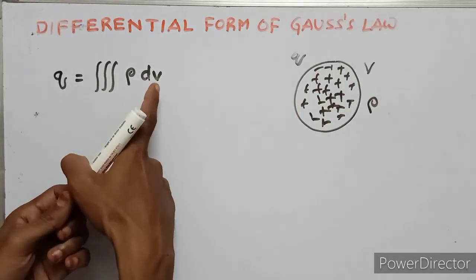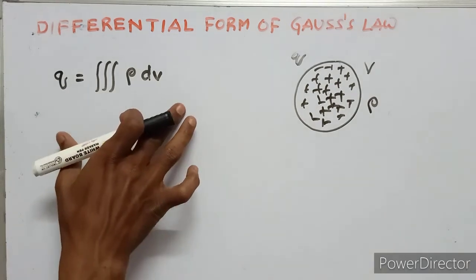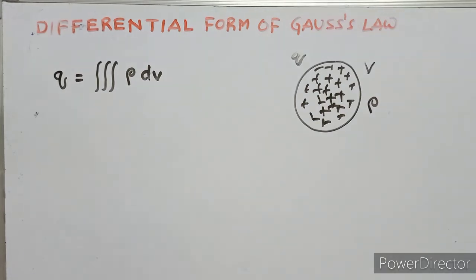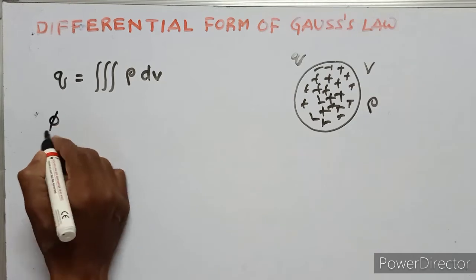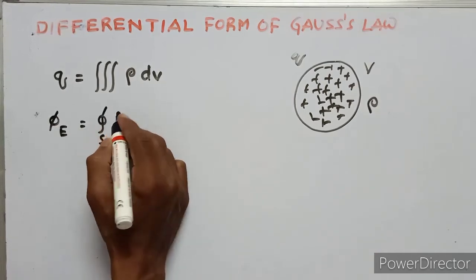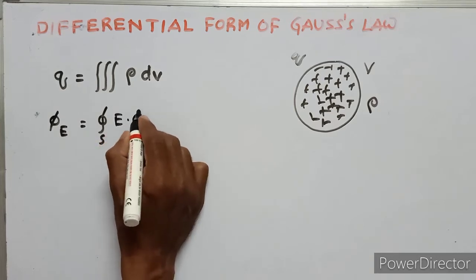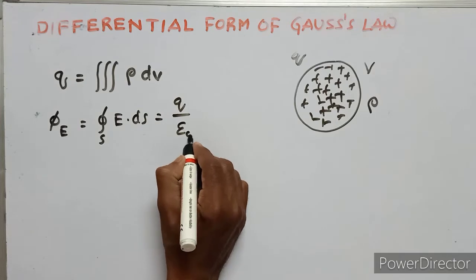This is the density, this is the volume. So Q is equals to volume integral of rho dV. From the Gauss law, phi suffix E is equals to closed surface integral E dot ds is equals to Q upon epsilon naught.